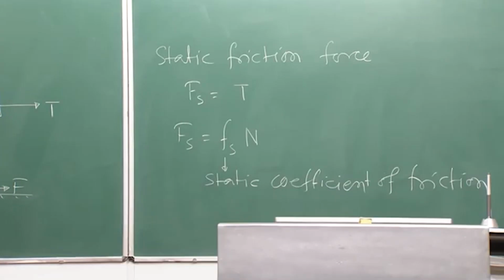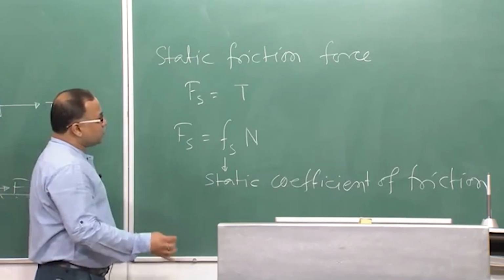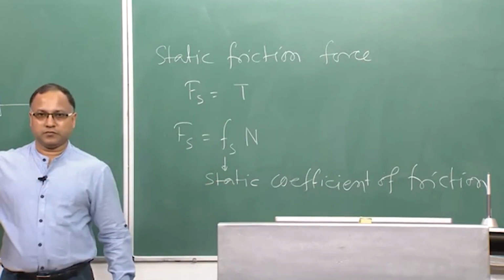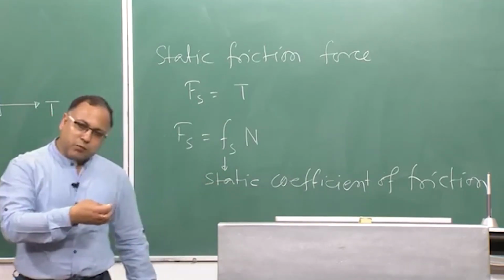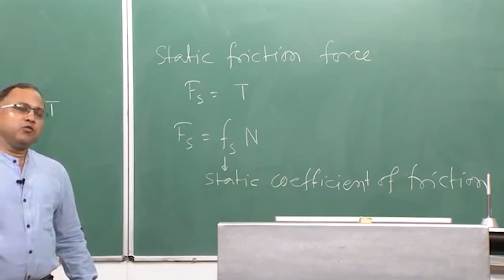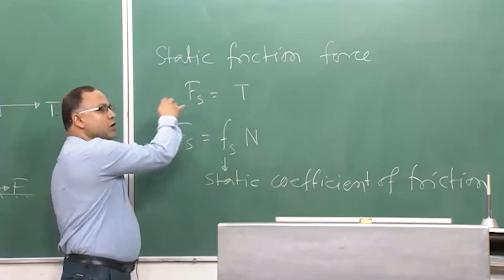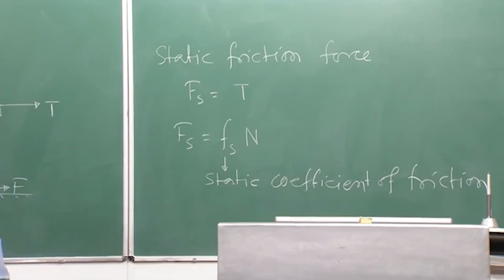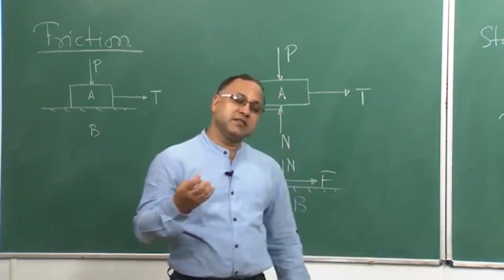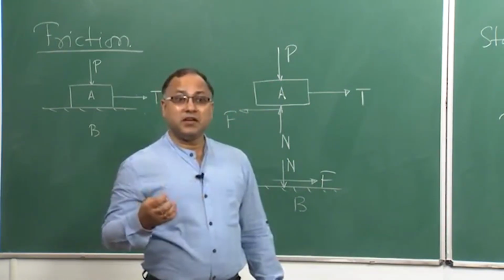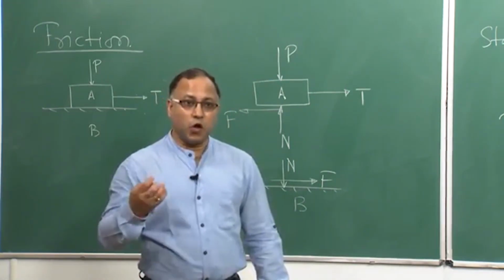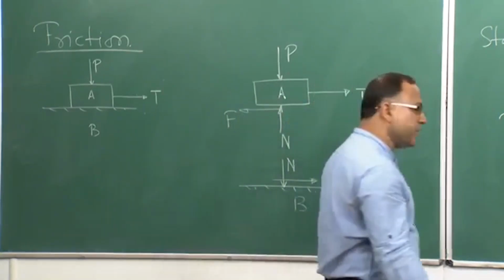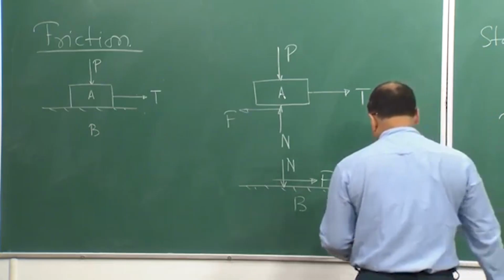So, as you gradually increase T, up to the point when T is equal to the static friction force Fs, there is no relative motion. Immediately when T crosses this Fs, you will get motion, and the block will try to slide over surface B.